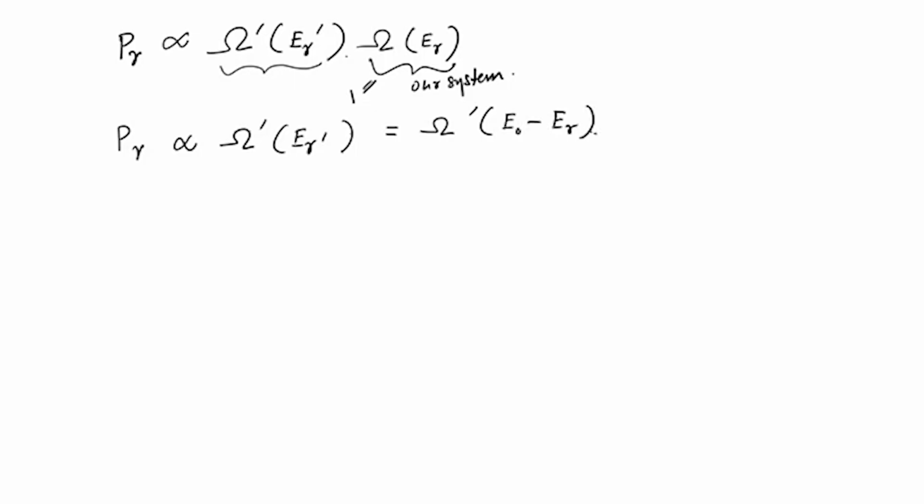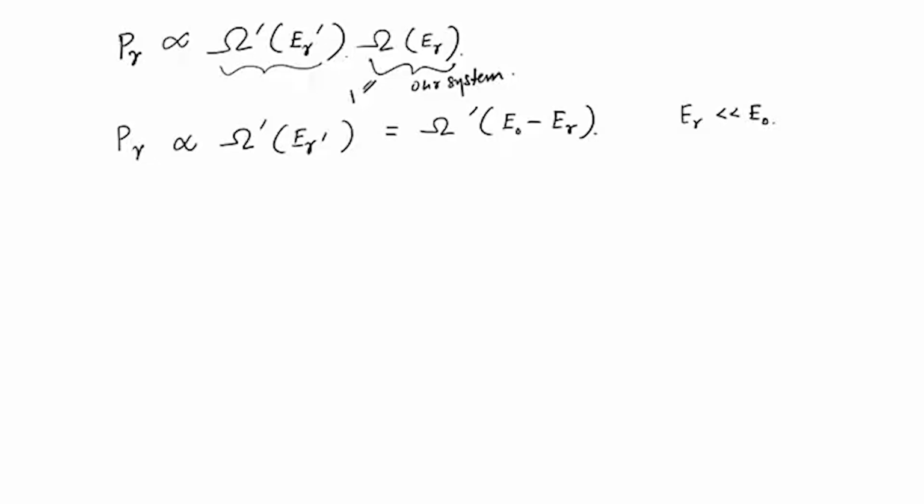And you agree with me that E r is much smaller than E 0. Now, you are trying to find a probability, and initially why did I write it as a product? Because these are independent quantities. When you have independent events, the compound probability is a multiplication of these two events.